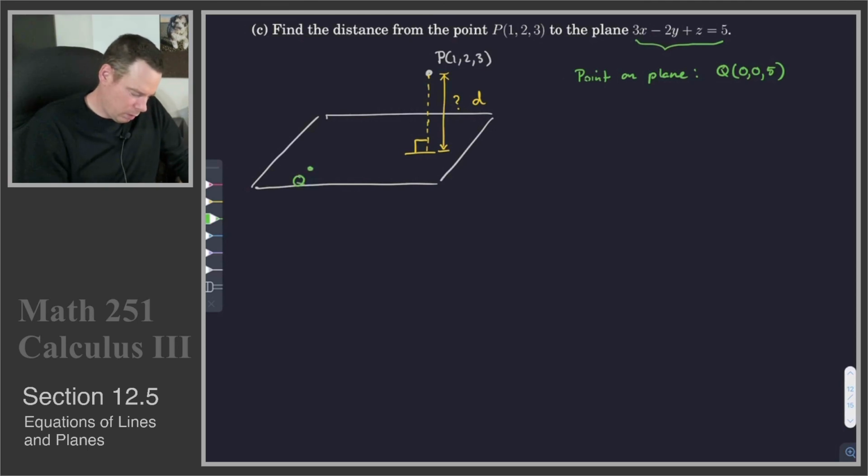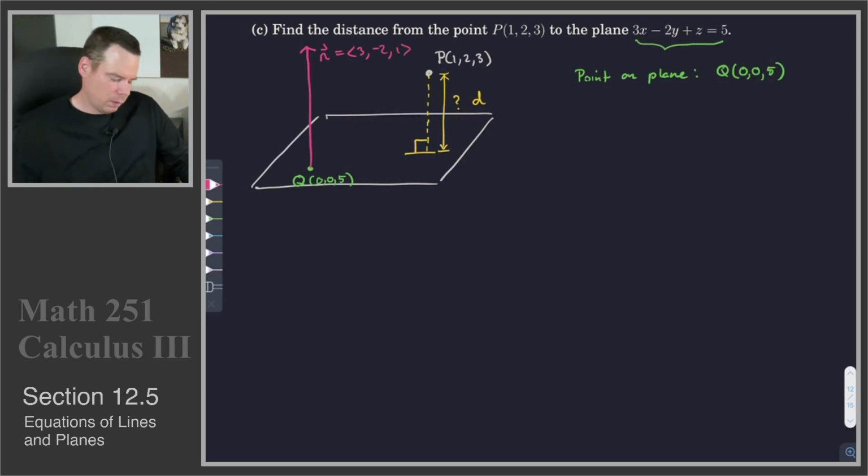So there's my point Q, (0, 0, 5). We also have a normal to the plane. You can read that off from the equation as well. I'm exaggerating this normal quite a bit, but there it is. It's (3, -2, 1).